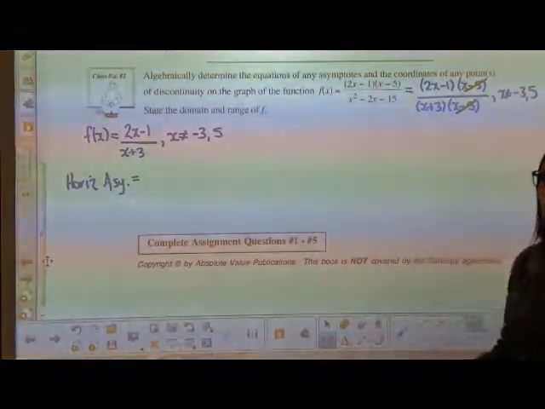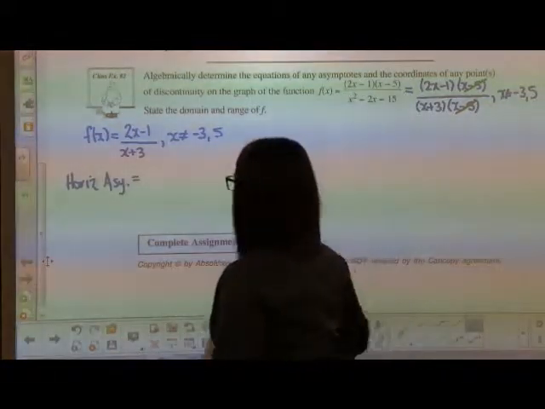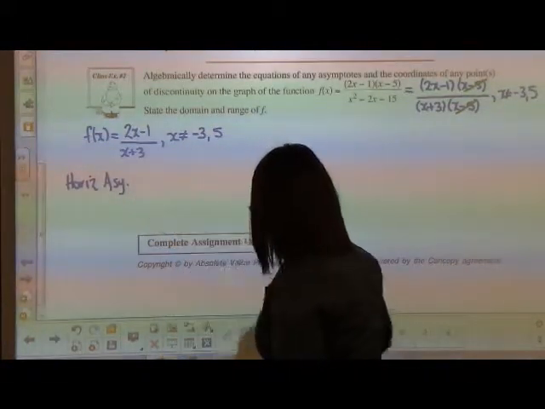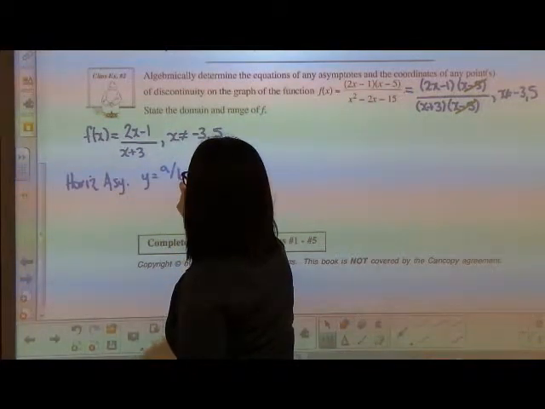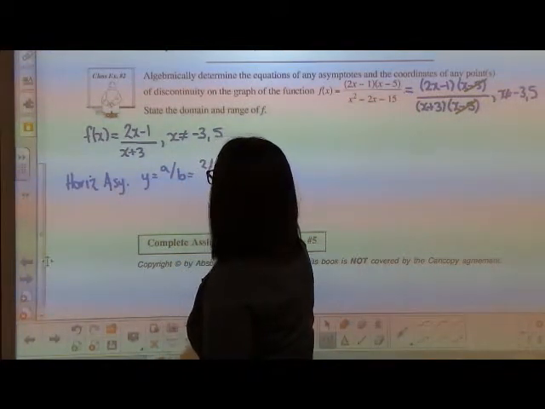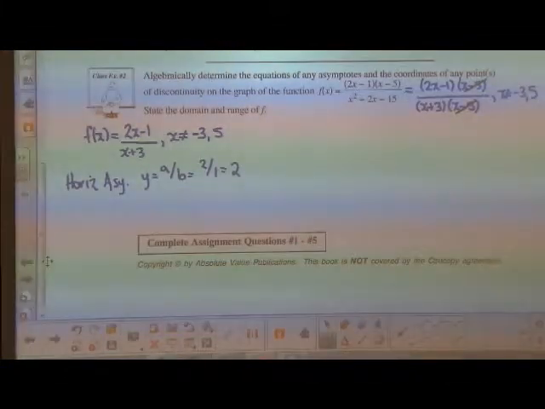Degrees are the same, which means that the horizontal asymptote is going to be the equation y equals a over b, which will be 2 over 1, or 2. So the horizontal asymptote will be y equals 2.